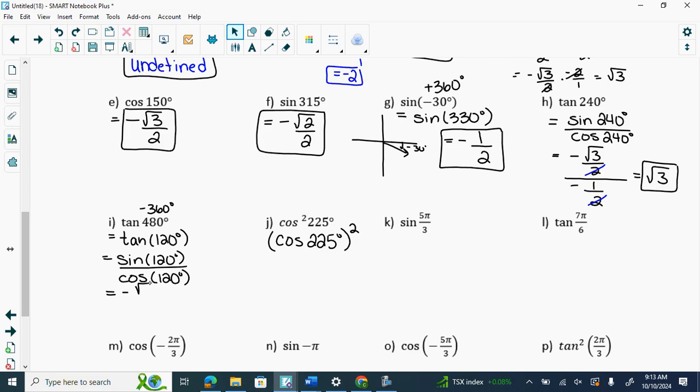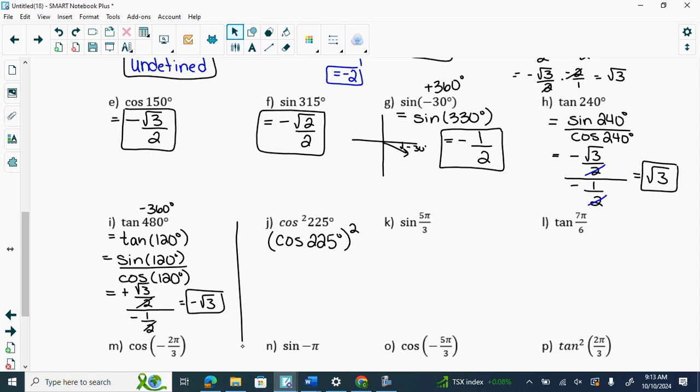It should be root 3 over 2. Positive. And then cos is negative 1/2. The 2's cancel. My answer is negative root 3. Because it's in quadrant 2, it should be negative x, positive y.